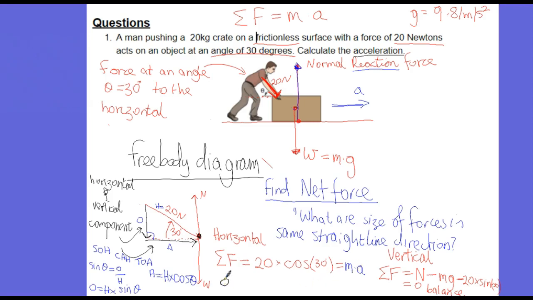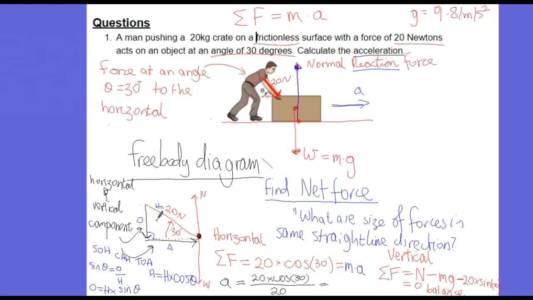So then the actual acceleration we'll calculate as 20 times the cos of 30 degrees, and then we have to remember to divide by the mass to work out the acceleration. And the mass is, there we go, 20 kilograms.